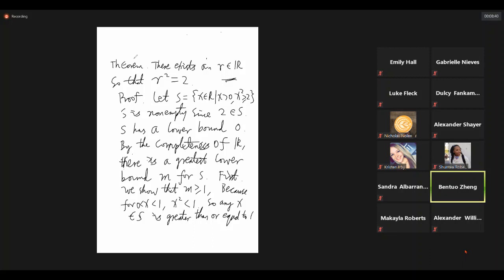That means since M is the greatest lower bound, M has to be greater than or equal to 1. Hence, M is greater than or equal to 1. Okay, so this is the first step. And then we'll show that M is less than or equal to 2.